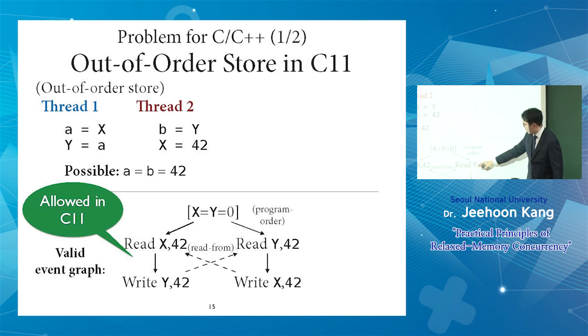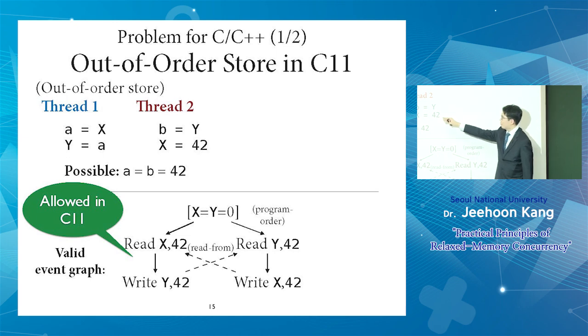For example, these read and write events are representing the executed instructions of this load and store, and similarly for thread 1. Furthermore, these edges represent the fact that these two executed instructions are ordered in the program.